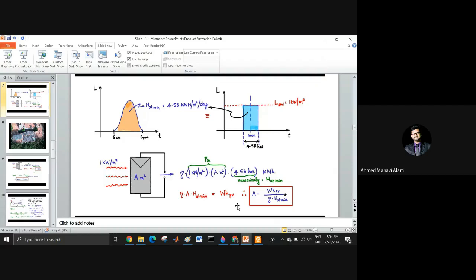So from these three terms, we can find anything. If someone asks you the area, then the area will be WHPV divided by eta into H_AT minimum. So these two formulas are very important.